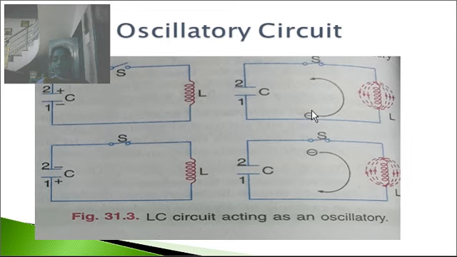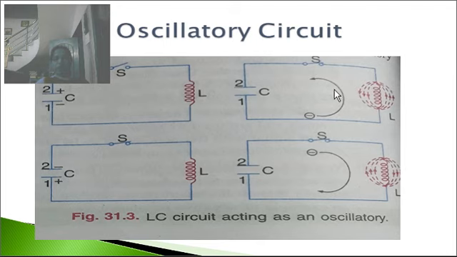When the capacitor is charged completely in the opposite direction, the magnetic field around the coil has also collapsed completely. At this instant, the energy previously stored in the magnetic field has been converted into electrical energy stored in the electric field of the capacitor.